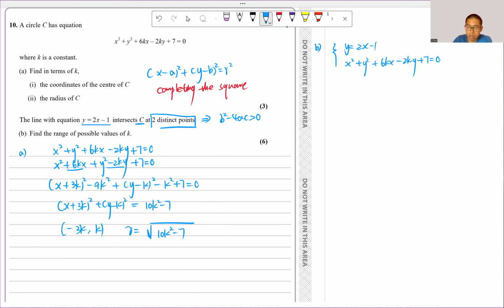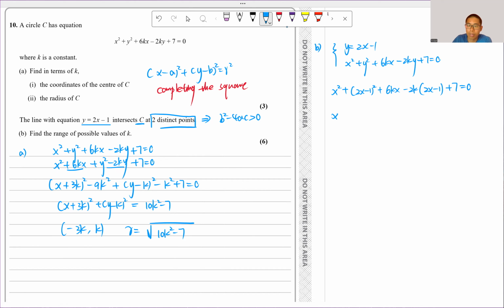If we substitute the straight line into the circle, we have x² + (2x − 1)² + 6kx − 2k(2x − 1) + 7 = 0.